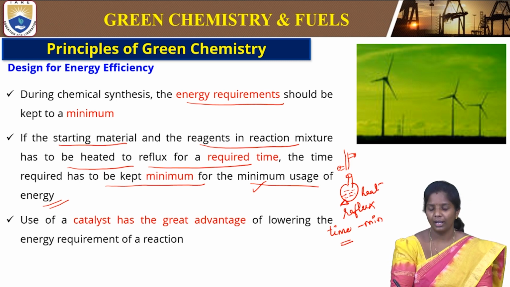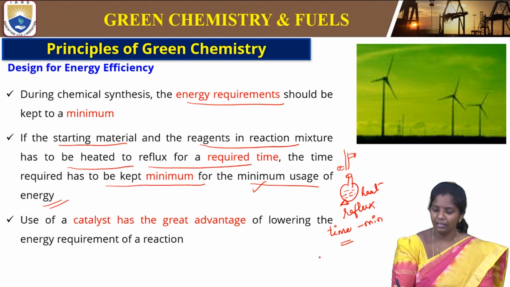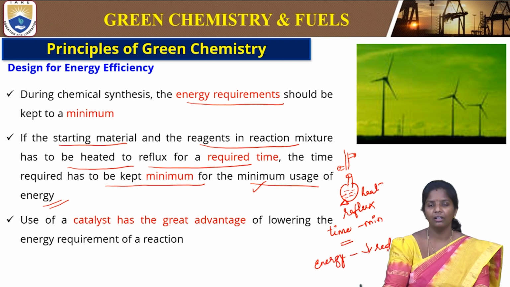In that case, we are giving heat energy from either electricity or from the flame. In either way, energy will be reduced if the time is reduced. In this way, we can reduce the energy being given to the particular process.